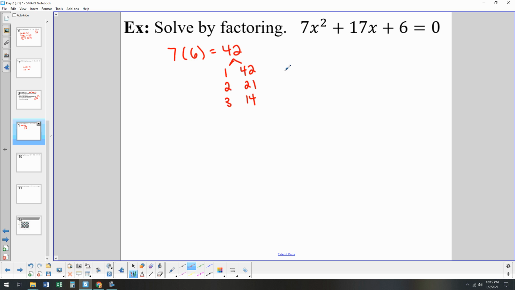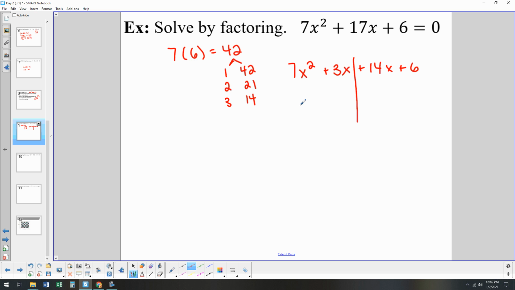So what I'm doing is rewriting my problem, but instead of writing 17x, I'm breaking it up into plus 3x plus 14x. So these two still combine to become 17x, so I'm really just rewriting it with two numbers instead of one. And now I can factor it by grouping.